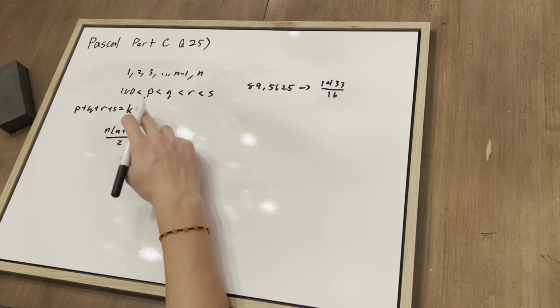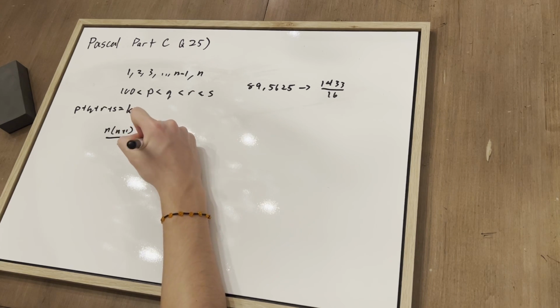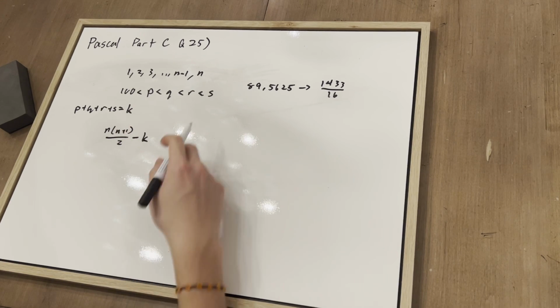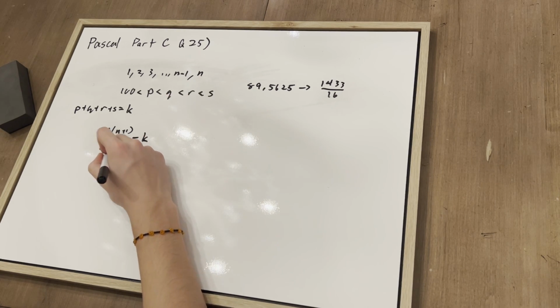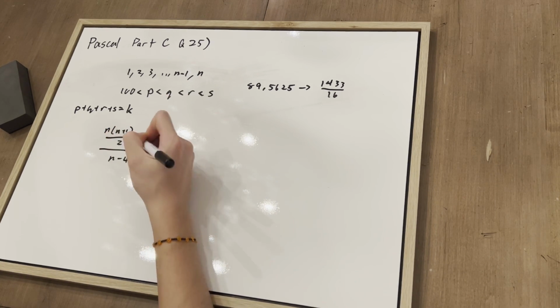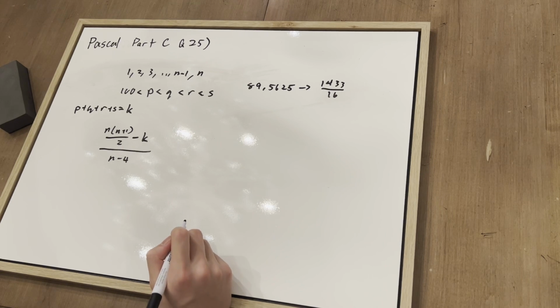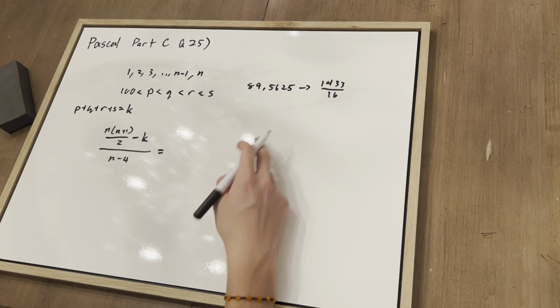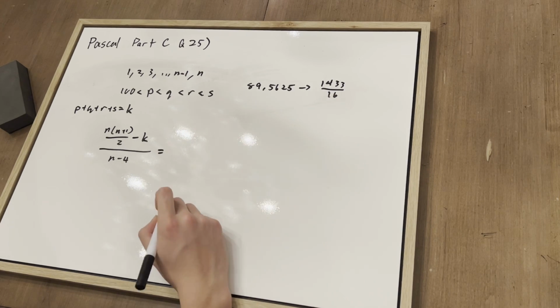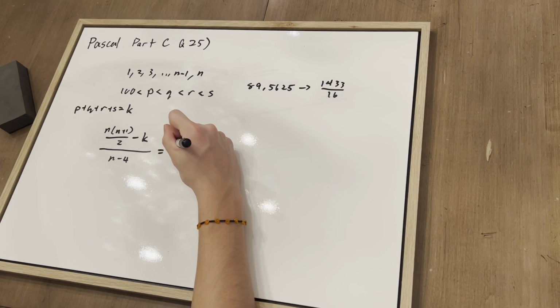Next, we subtract k. Finally, since there were originally n numbers in this list, if we subtract 4 numbers, then very clearly it is n minus 4 numbers. We know the average is 89.5625, which is the same as 1433 over 16, so we can just write that here.